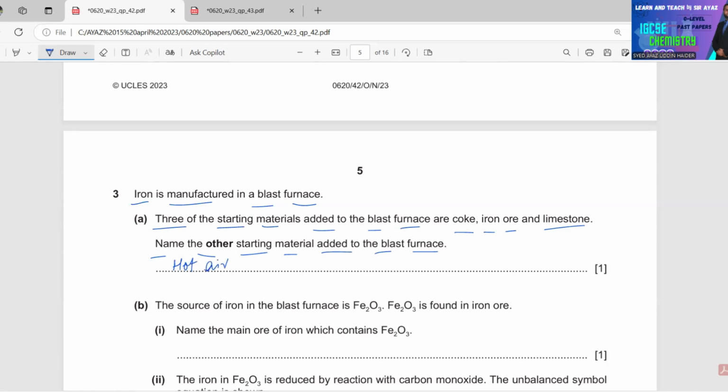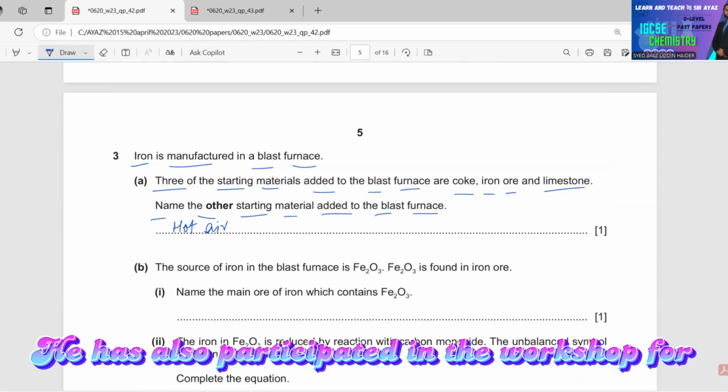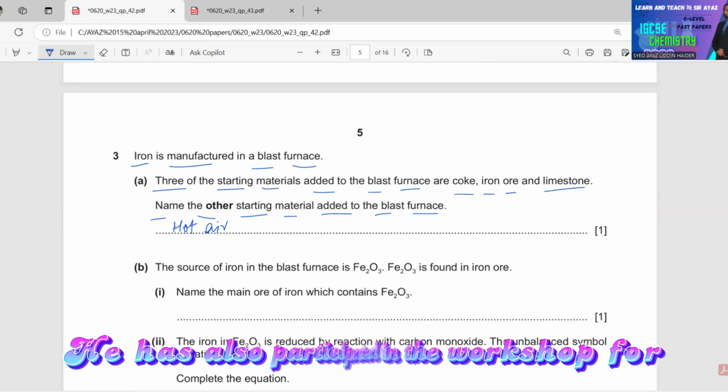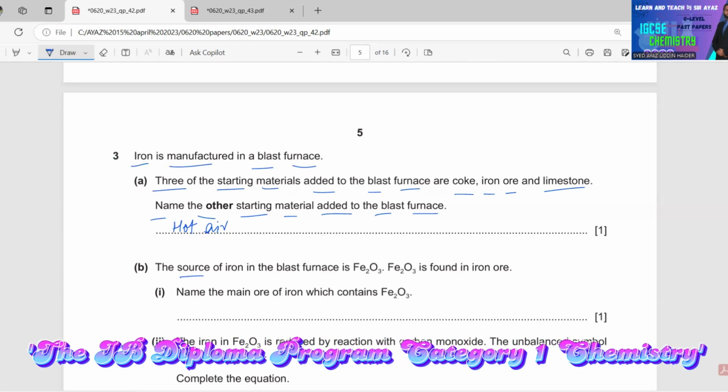Hot air. And the reactions taking place in the blast furnace are all at high temperatures, so hot air must be there.